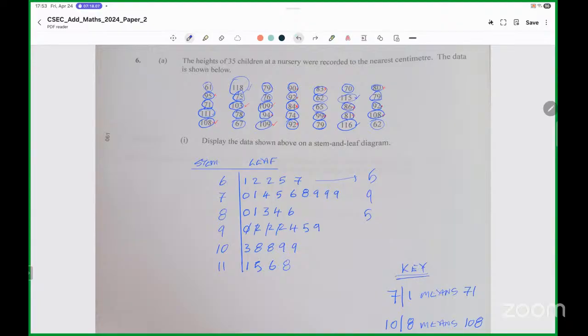Add them up for me. Is that 36? So something's wrong there. 35. Oh, all right, cool. That checks. Thank God.